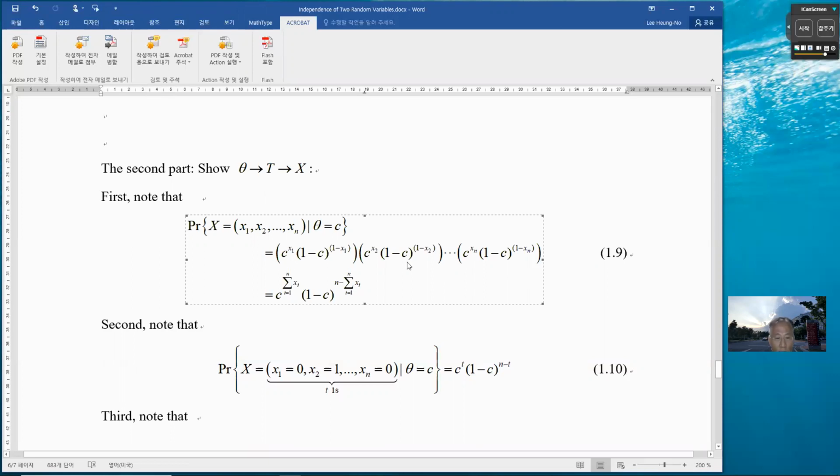Once I have this general expression, I can collect these product terms. That is nothing but c to the summation of all xi's. And when I collect the terms 1 minus c, it is 1 minus c taken to the power of n minus the sum of xi's.